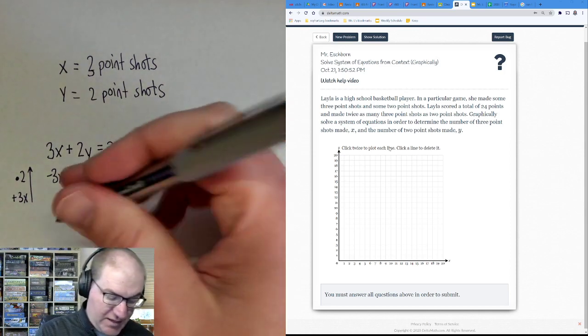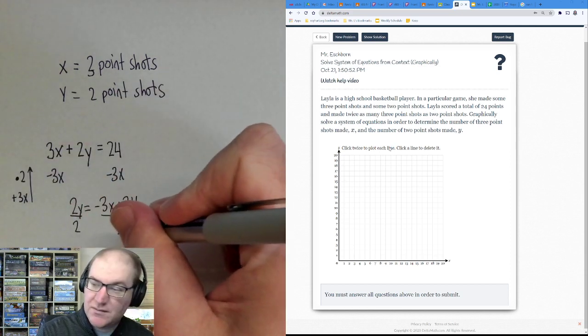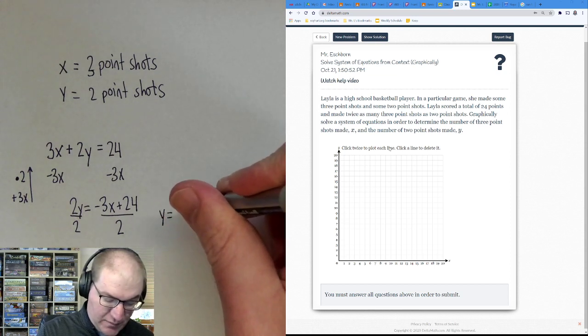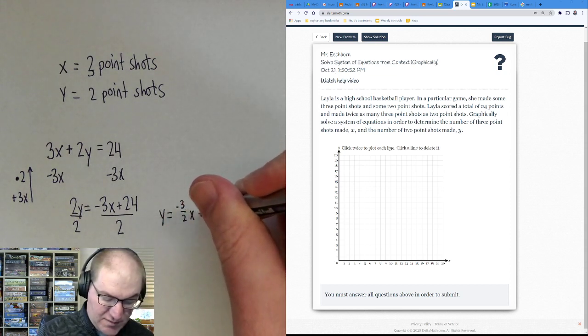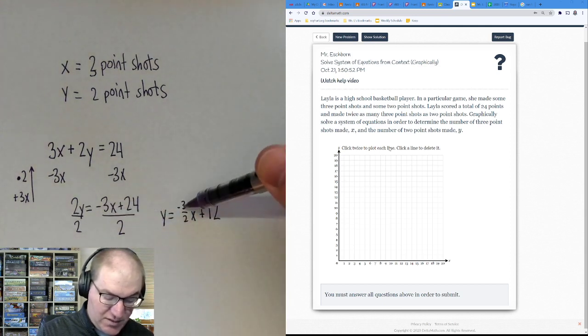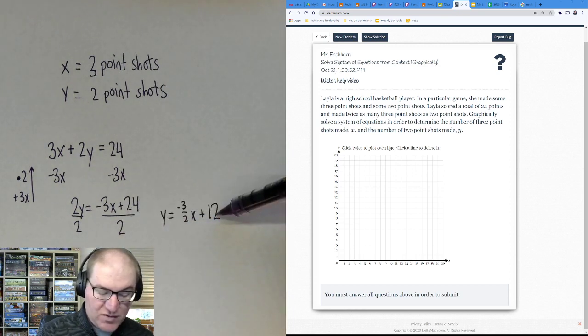Now we're going to divide everything by 2 because that's the opposite of multiplying by 2. And that's going to give us y equals negative 3/2 x plus 12. Right, because negative 3 divided by 2 is negative 3/2. And 24 divided by 2 is 12.